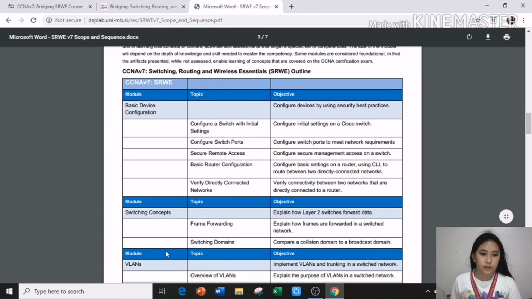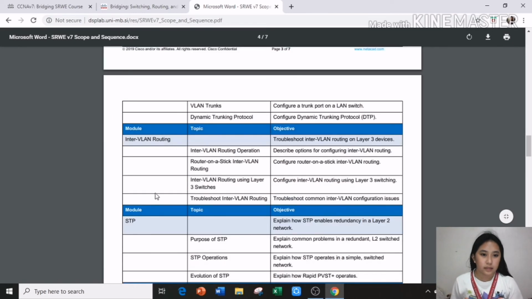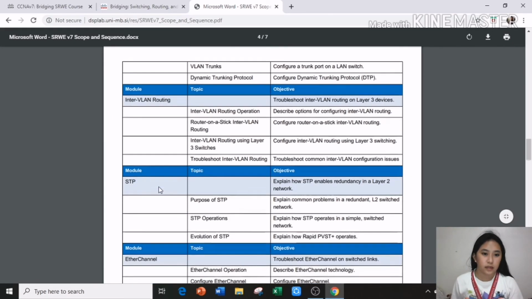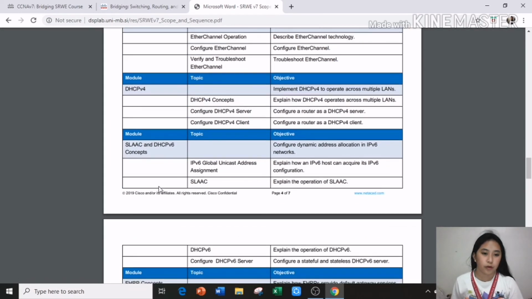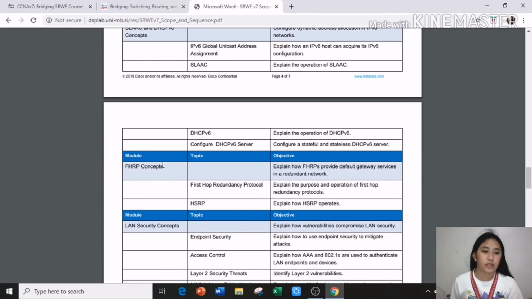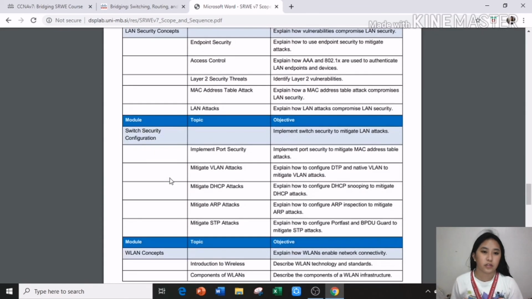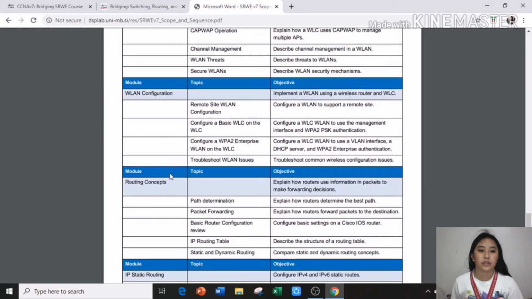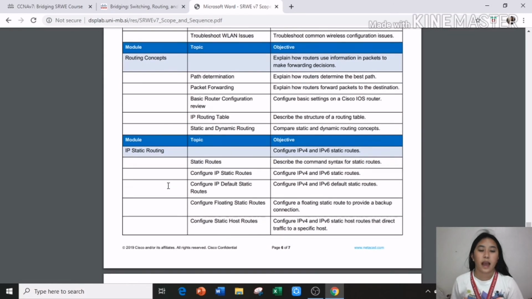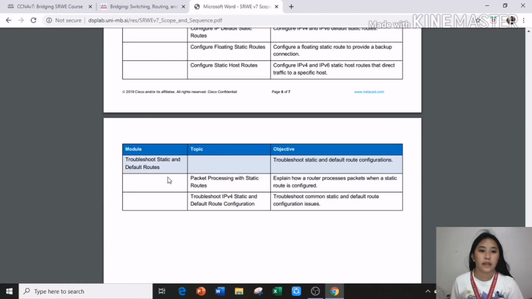Switching concepts, VLANs, inter-VLAN routing, STP, EtherChannel, DHCPv4, SLAAC and DHCPv6 concepts, FHRP concepts, LAN security concepts, switch security configuration, WLAN concepts, WLAN configuration, routing concepts, IP static routing, and troubleshoot static and default routes.